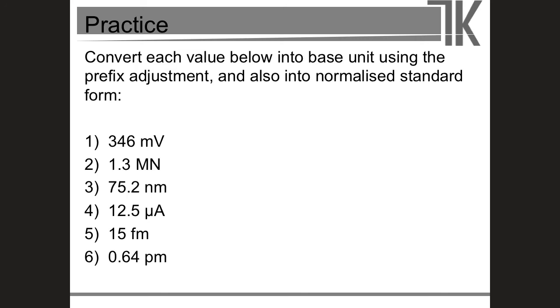I would always recommend that you do this in 2 separate steps so that you don't get yourself confused and you don't mess up on if it's a +1 or a -1 to the power of the 10. So pause the video and give question 1 a try, and then I'll show the answer. And then give question 2 a try, I'll show the answer, and so on and so forth.